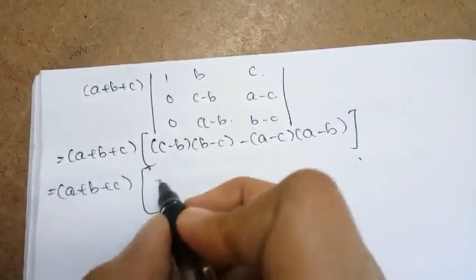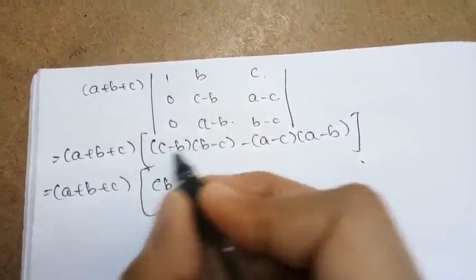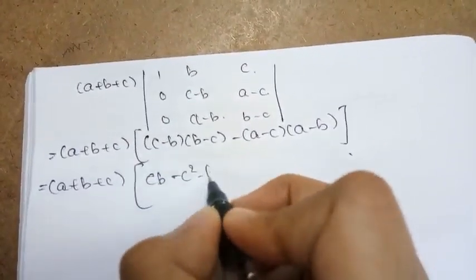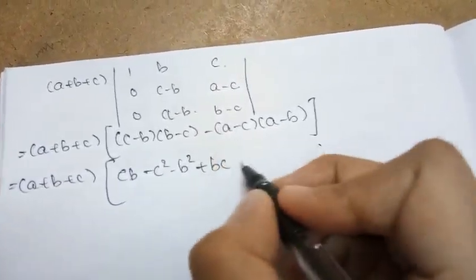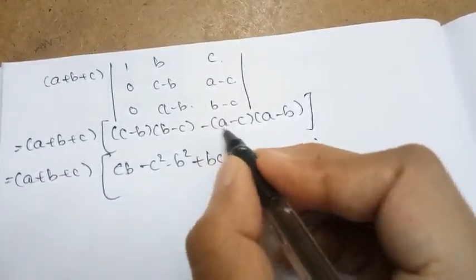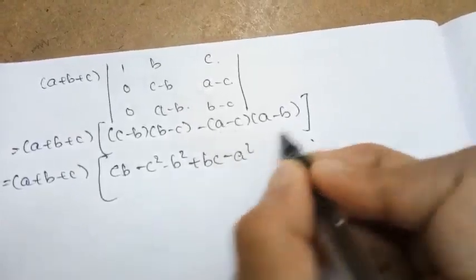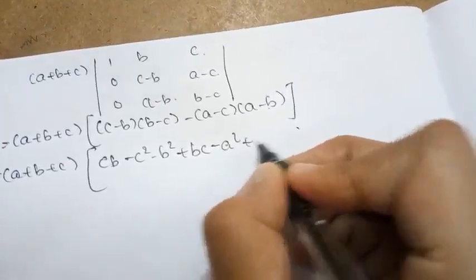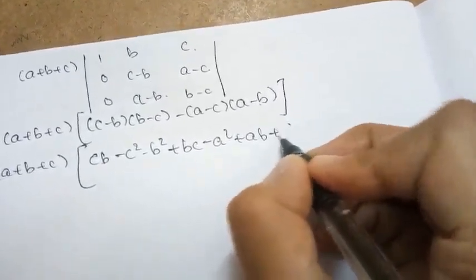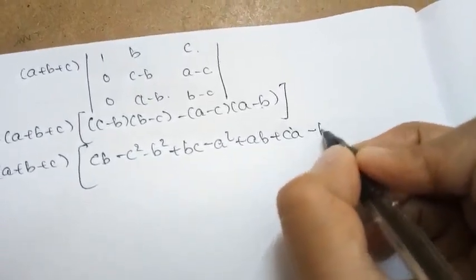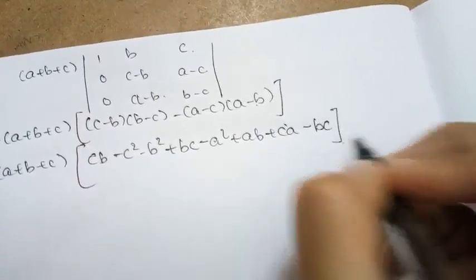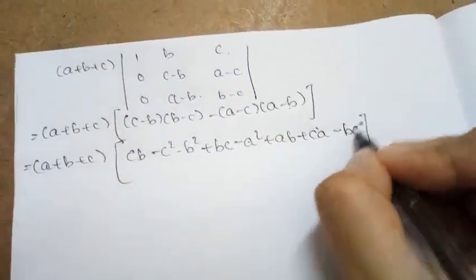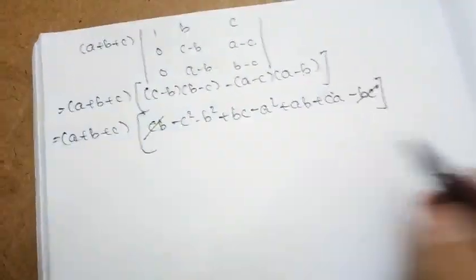Now I multiply this out: it becomes cb minus c square minus b square plus bc, and again here I multiply the minus inside: minus a square plus ab plus ca minus bc. So minus bc plus cb cancels.